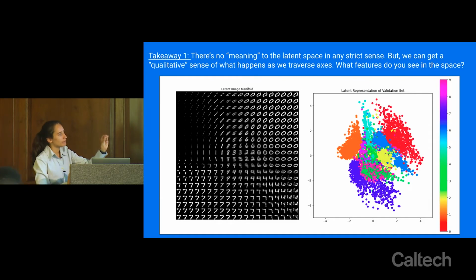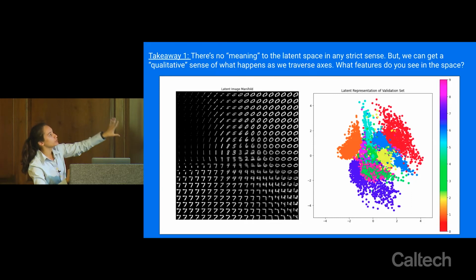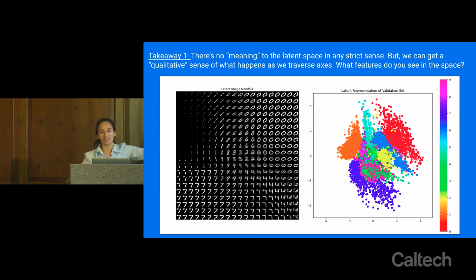We don't have as clear or as strict guidelines here for what the axes correspond to. However, we can get a qualitative sense of what happens as we traverse the axes. So to Brady's question, I answered this a little bit before, but I want to ask you guys, what features do you see in this space? It may be helpful to look at this guy as well when you answer.